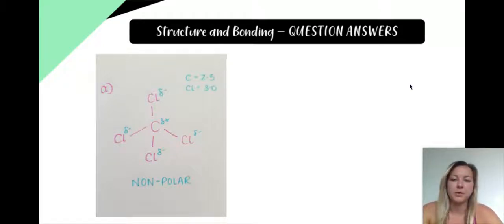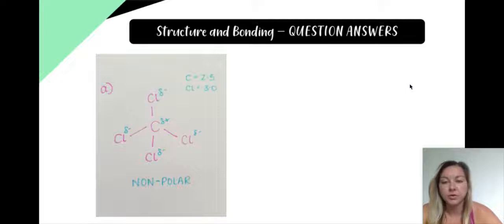We have carbon joined to 4 chlorines. Carbon's electronegativity is 2.5 and chlorine's is 3. That means there's a difference which is greater than 0.4, so we're looking at polar bonds here. Now, the molecule has 4 polar bonds.